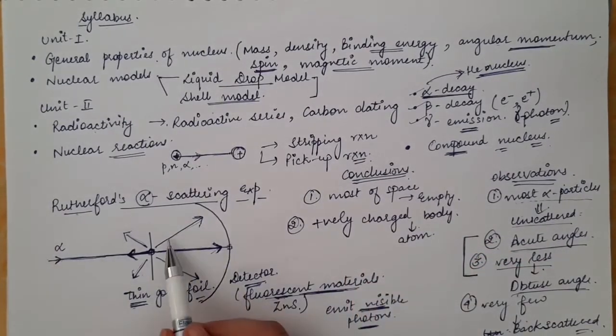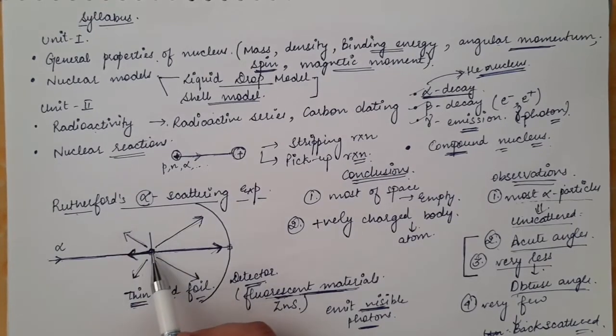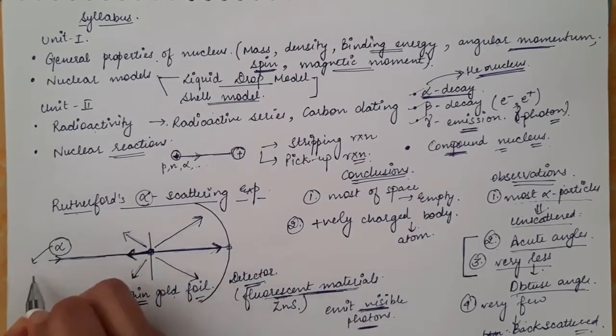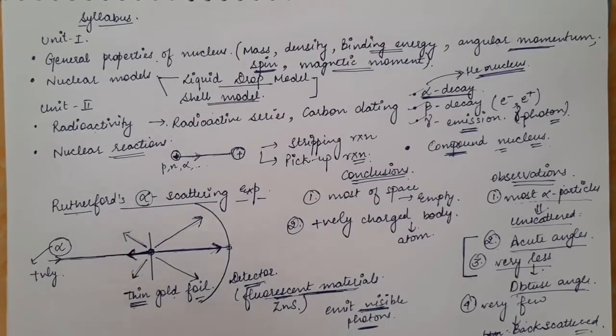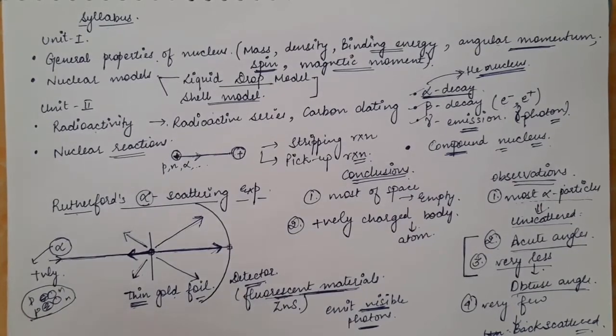Since alpha particles are scattered at acute and obtuse angles, this can happen only when there is a positively charged body present inside the atom, because the alpha particle is positively charged. Since it is made up of 2 protons and 2 neutrons, the charge on the alpha particle is +2e.